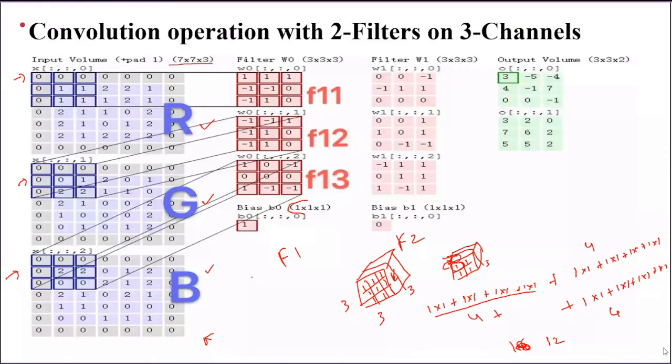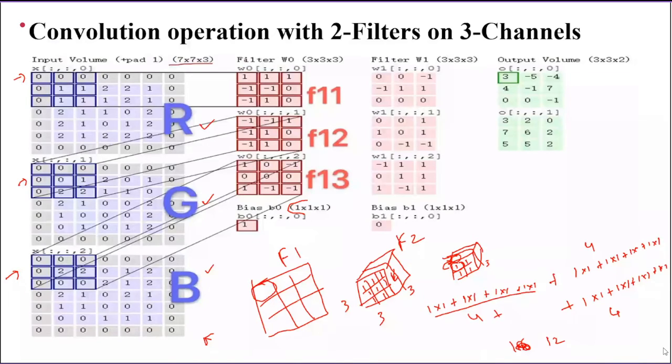After the convolution operation, you will get a feature map, and the size of the feature map will be reduced accordingly. But the first pixel will be the combination of the convolution operation of all these three channels, which is nothing but 12. That is the first pixel value.